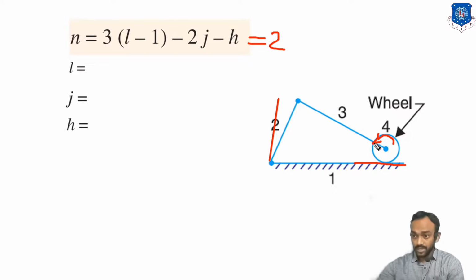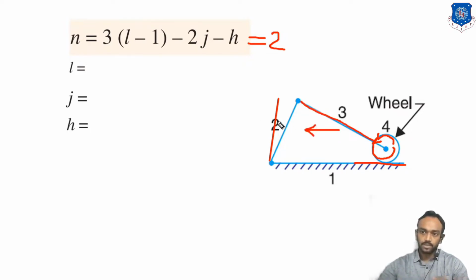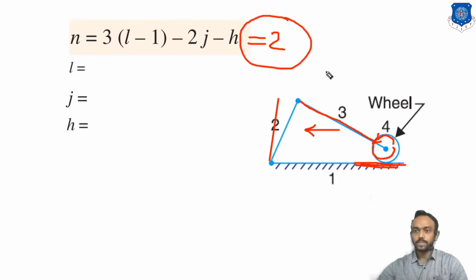There is a possibility that this wheel rotates on itself, meaning it will only rotate, not move further. And that's why you have to also give motion in this direction, so that this crank is moved. Two inputs are required if there is no friction or very little friction. So that's why the degree of freedom is 2 here.